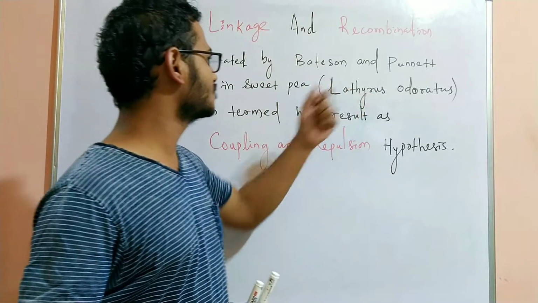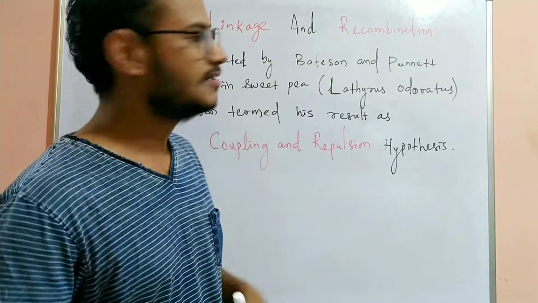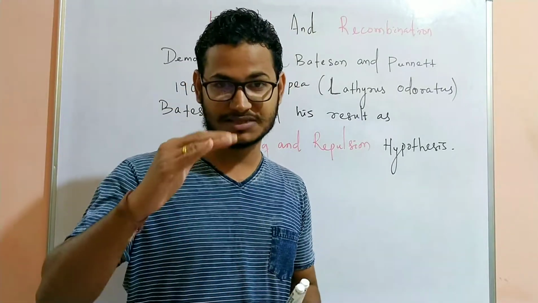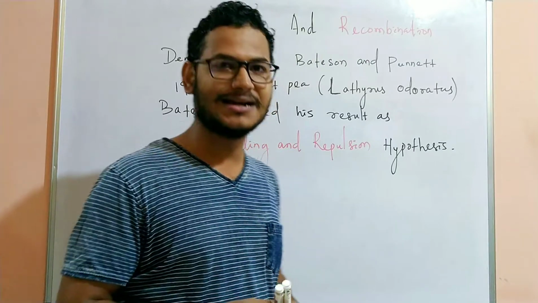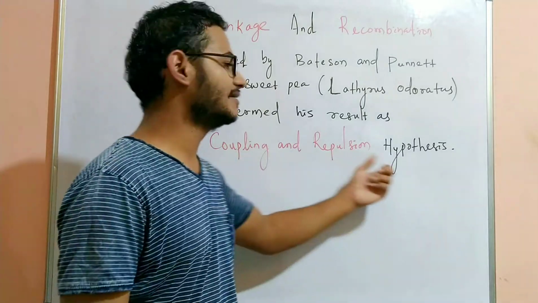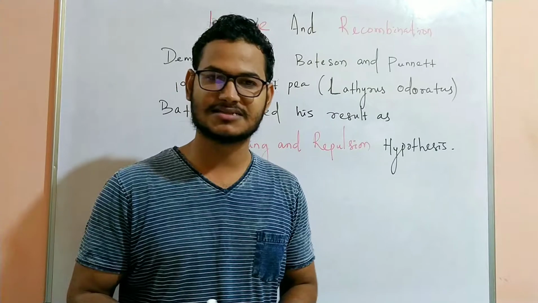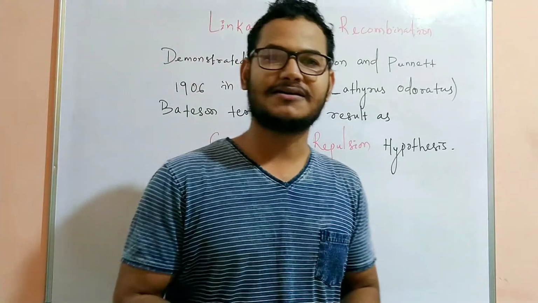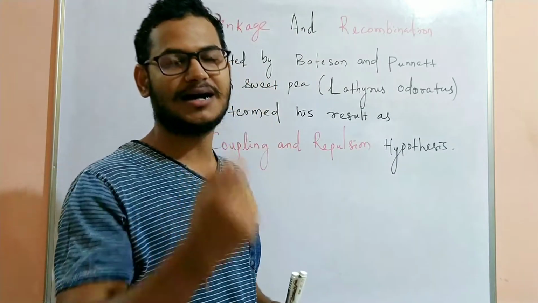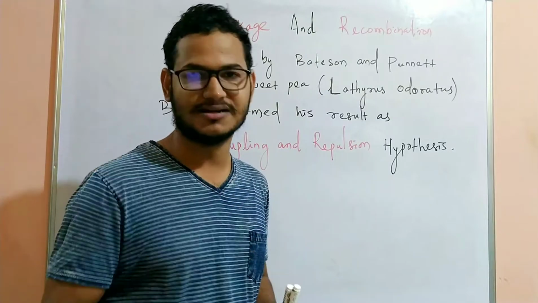So they used the sweet pea plant to conduct the experiment of linkage. They found something different from Mendelism here. So Watson termed his result the coupling and repulsion hypothesis. We will discuss the coupling and repulsion hypothesis in this video also. So remember, first let's go towards linkage and how linkage is related to heredity.